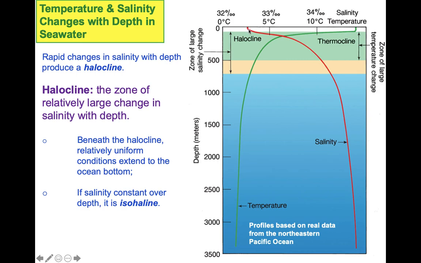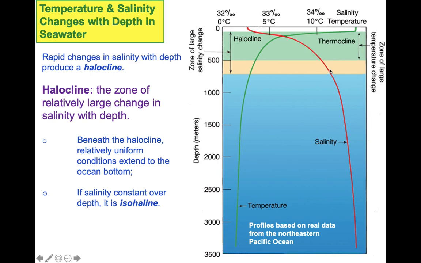But right after that, after 80 to 100 meters, the salt content is increasing, and you see that once we get into this green and then the yellowish tan color, the salinity profile is increasing quite rapidly. So this zone of rapid, large change in salinity with depth is called the halocline zone.